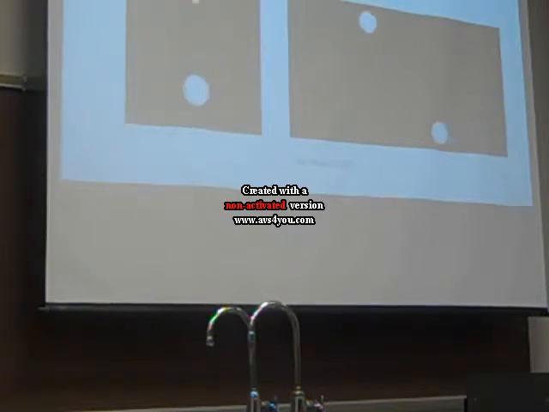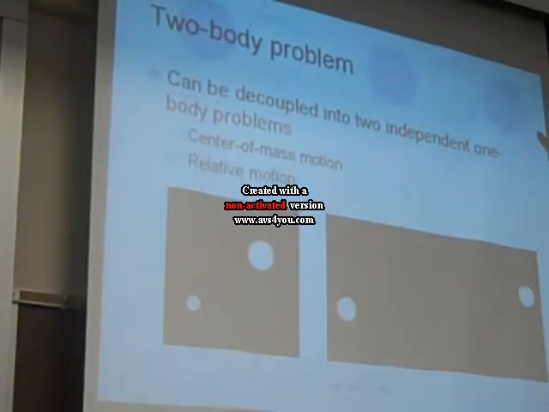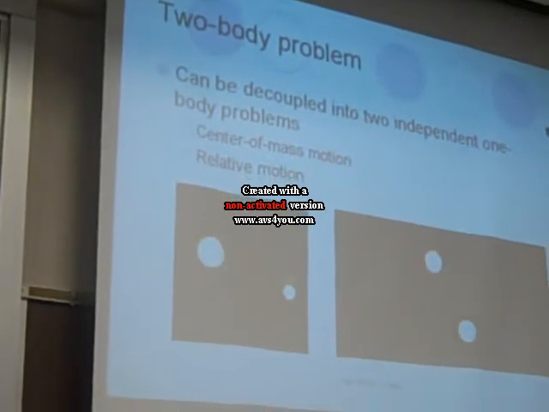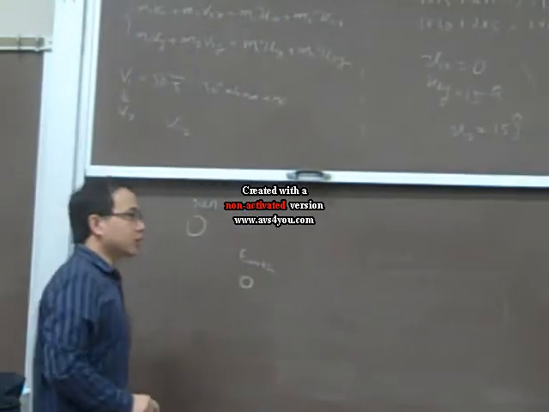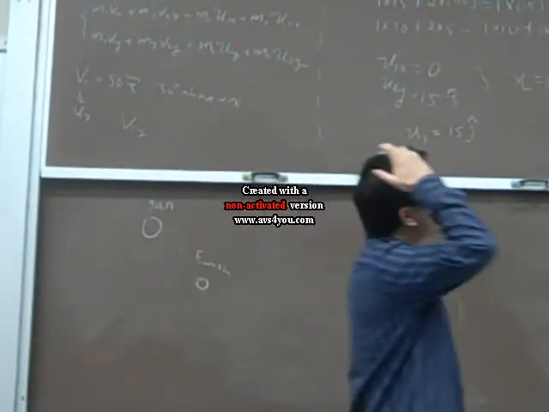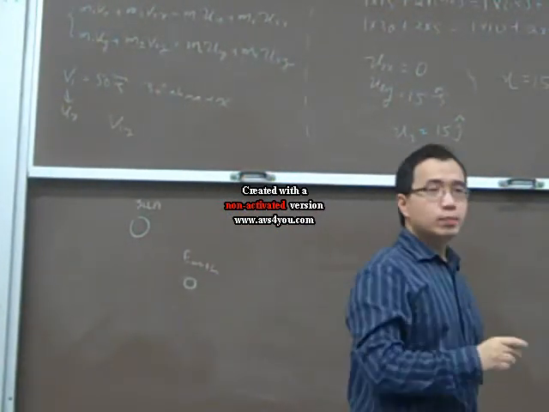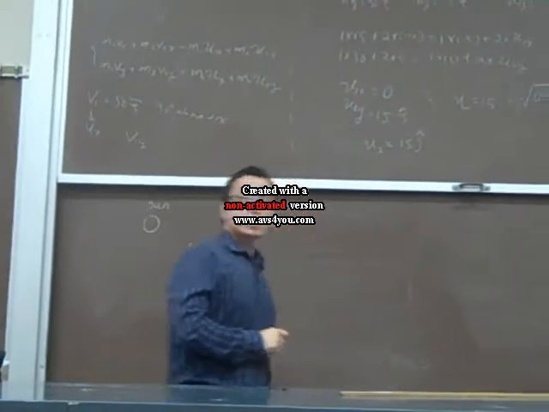So Sun and Earth, it's a typical two-body problem.